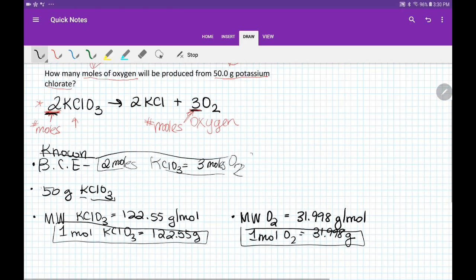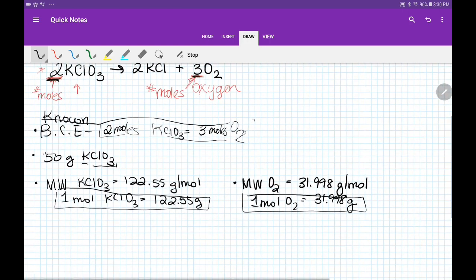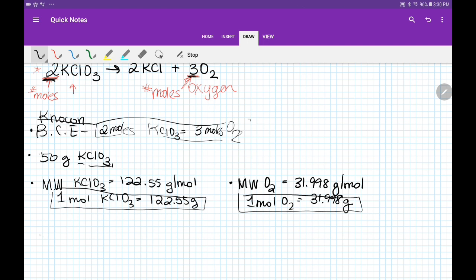Now let's go ahead and start setting up our ladder. We know we've got 50.0 grams KClO3. From the balanced chemical equation, the only way we can relate 2 different chemicals is by getting them to moles. So ask yourself, is this moles? No, it is not. So we can use the molecular weight to find moles, and that's this one right here.